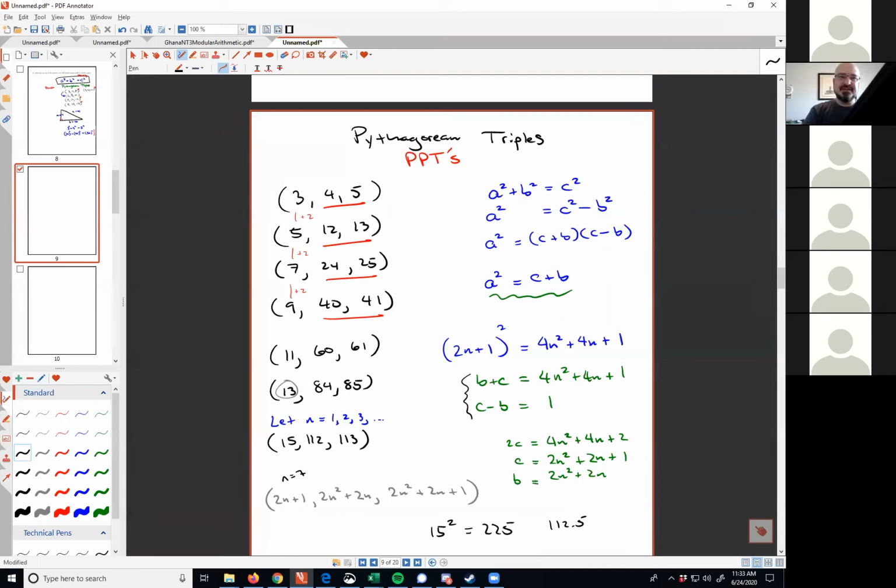Any thoughts about this? So let's go back now to the original problem that started this wonderful discussion. We were trying to prove that we can't have a Pythagorean triple with 3 odd numbers.